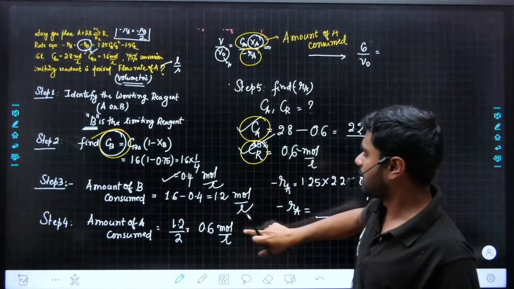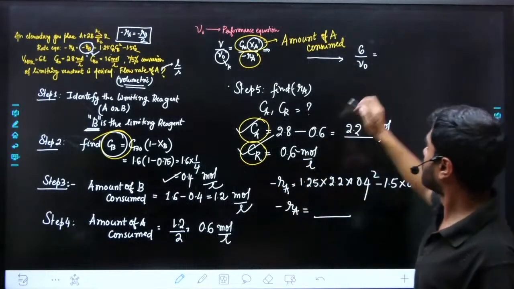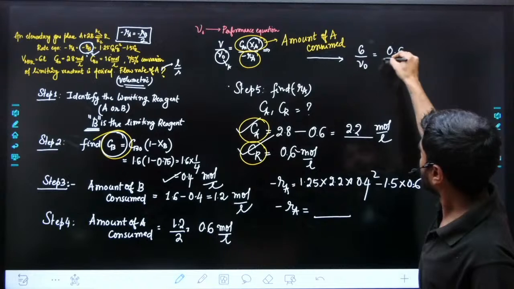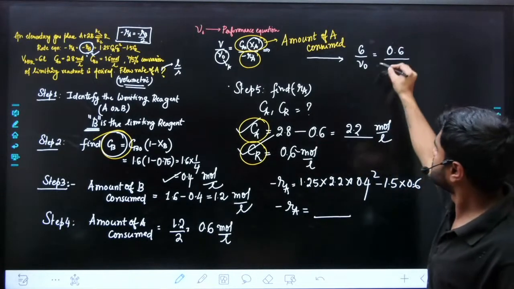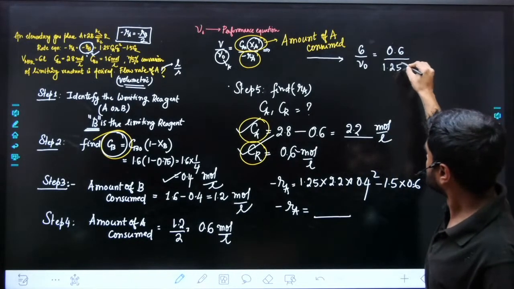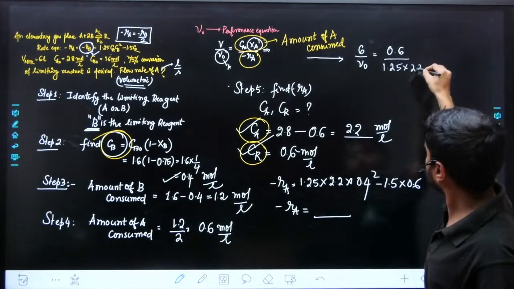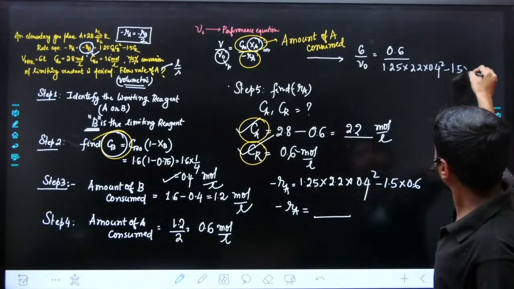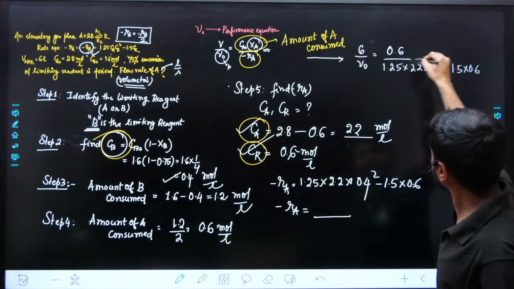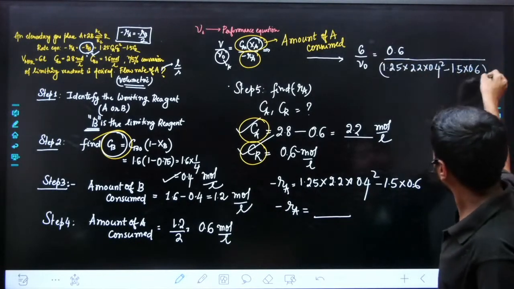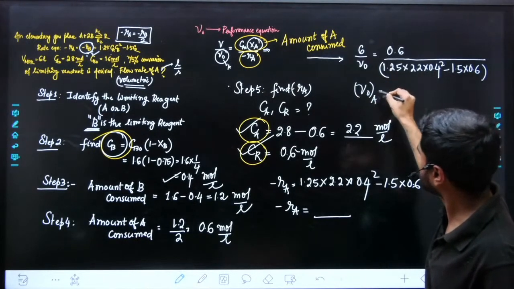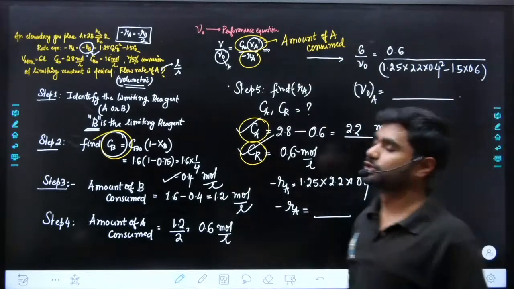The amount of A consumed is 0.6, so I write 0.6 over here. And for the value of minus of Ra, I'm writing the whole expression again: 1.25 into 2.2 into 0.4 whole squared minus 1.5 into 0.6. So this will be the entire expression you are going to use to know the volumetric flow rate of A. This should be the answer.